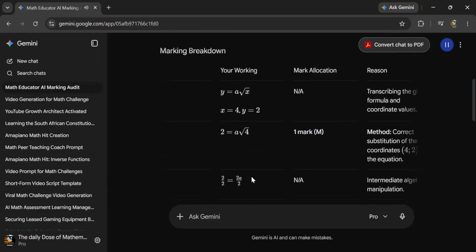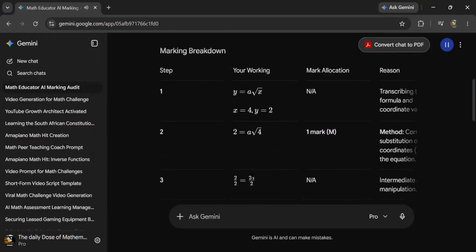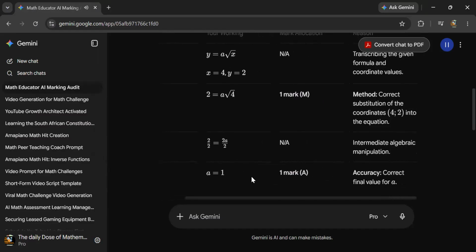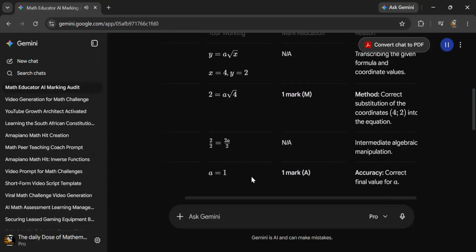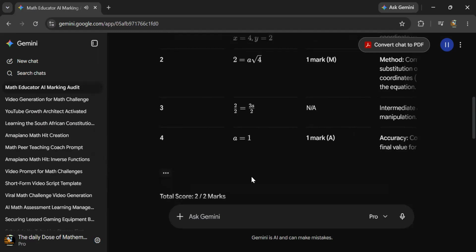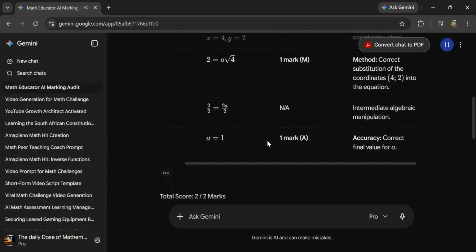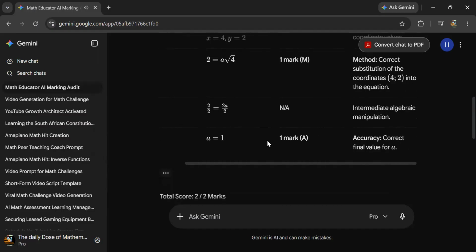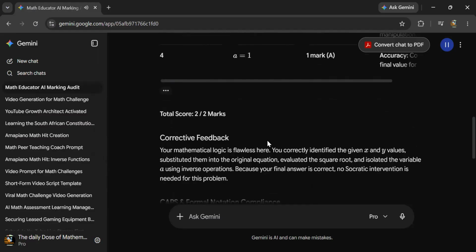Transcribing the given formula and coordinate values. 2: 2 equals a sqrt 4, 1 mark, M. Method: correct substitution of the coordinates 4, 2 into the equation. 3: frac 2, 2 equals frac 2a 2. N/A. Intermediate algebraic manipulation. 4: a equals 1, 1 mark, A. Accuracy: correct final value for a.